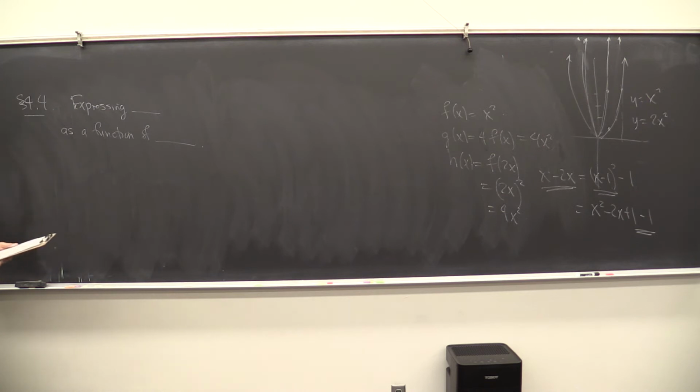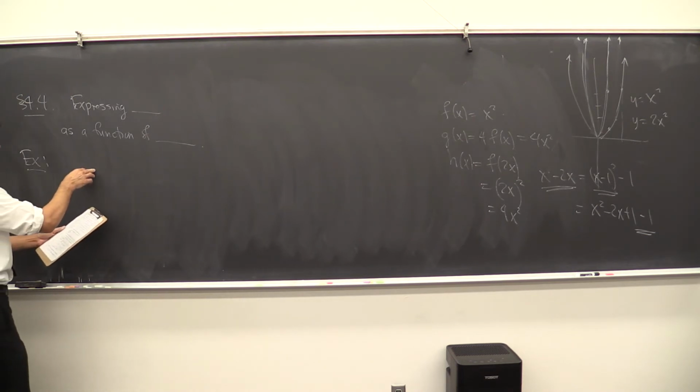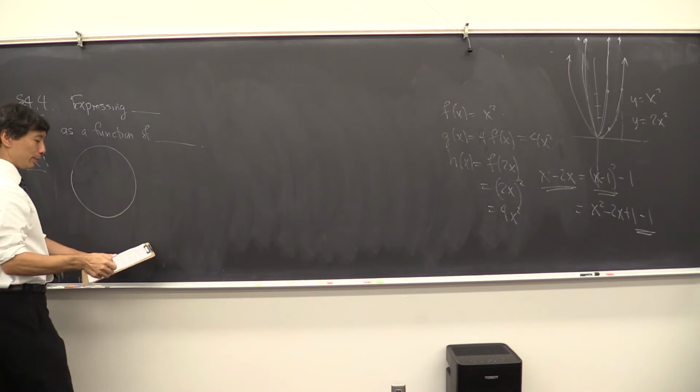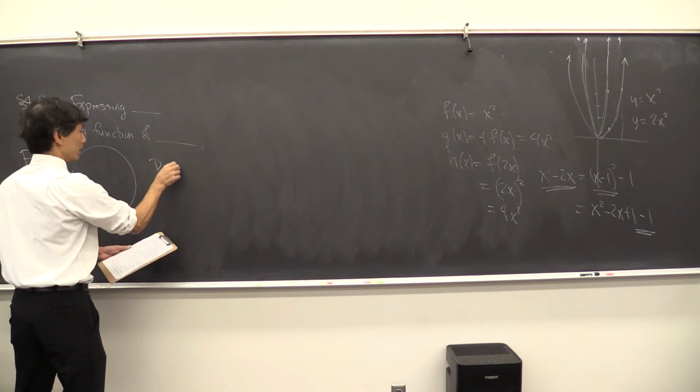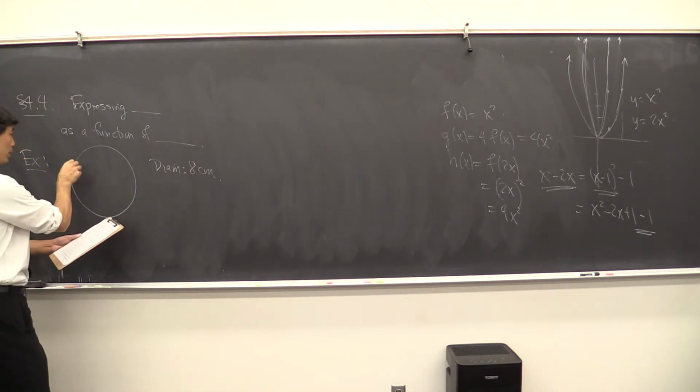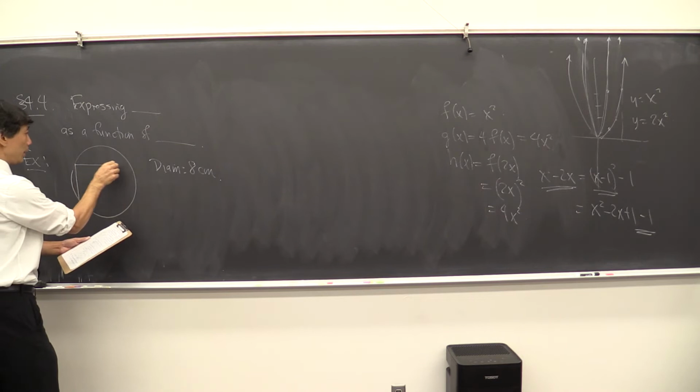Okay, so let me give an example of what we'll be doing in this section first, and then I'll explain the procedure. So here's an example. There's a circle, and the circle has diameter 8 centimeters, and you have a rectangle inscribed in the circle.